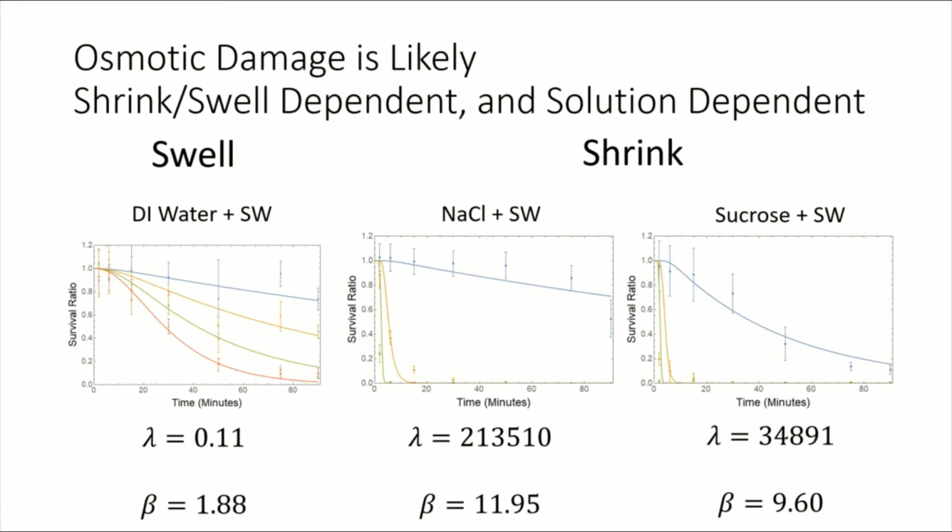Perhaps this is due to differences in membrane interactions with NaCl, which is naturally abundant in seawater, and sucrose, which is not naturally abundant in seawater. Further work is necessary to determine the cellular mechanism of this phenomenon. Currently, our model works well to predict time-dependent osmotic damage.